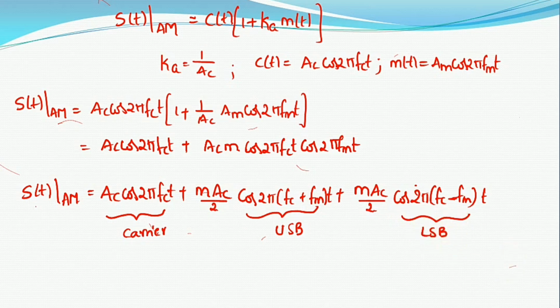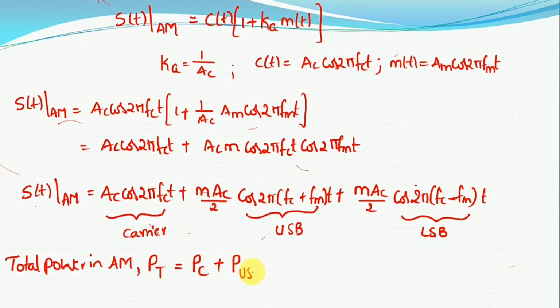So finally I can write the total power in the AM signal. I can represent it as PT, which is due to the carrier power indicated with PC, the upper sideband power indicated with PUSB, and the lower sideband power indicated with PLSB.